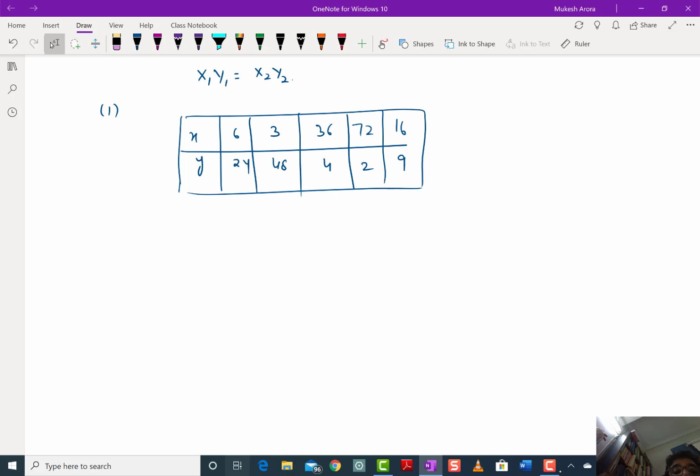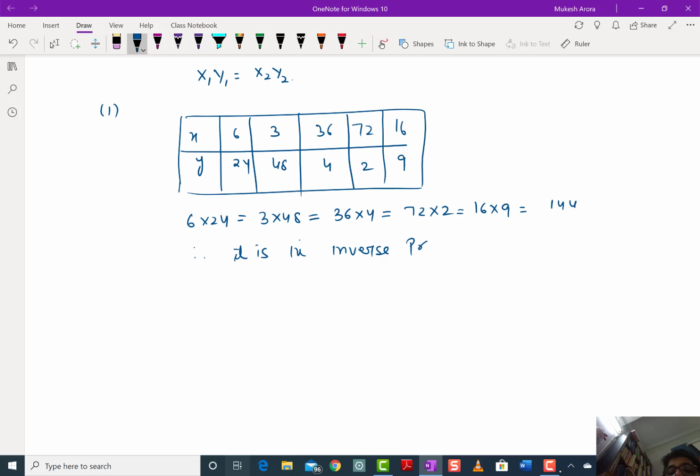So x1 into y1, first is 6 into 24, should be equal to 3 into 48, equal to 36 into 4, equal to 72 into 2, equal to 16 into 9, and all are equal to 144. Therefore it is in inverse proportion.